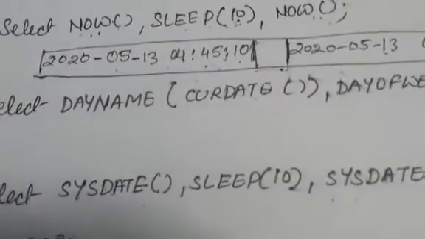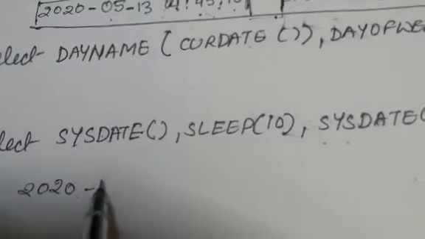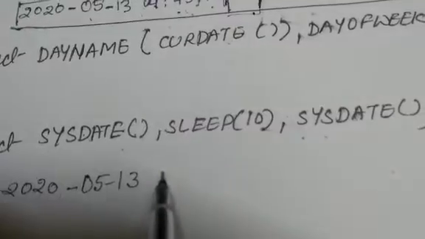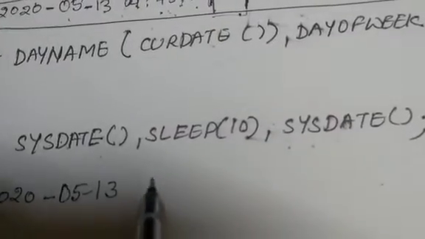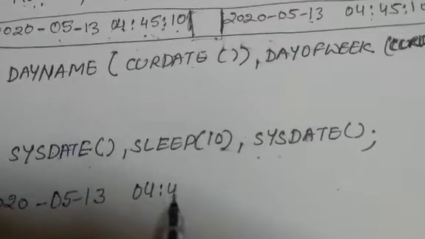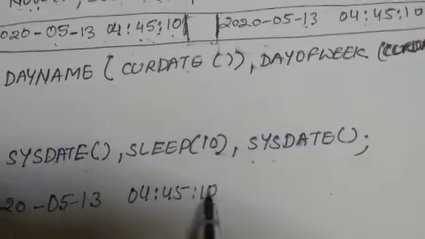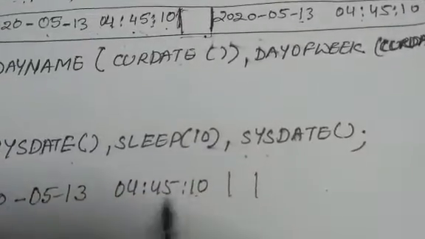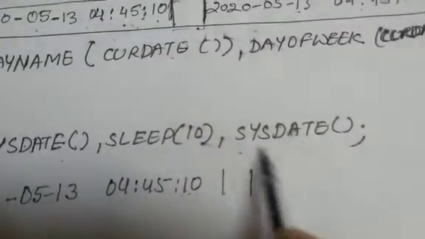So here the output will be 2020. Say if it is today's date, that is 05-13 and time. Now it is 4 o'clock, so 4:45:10 seconds. And sleep, because it is sleeping but the system clock is working, so this is the date.